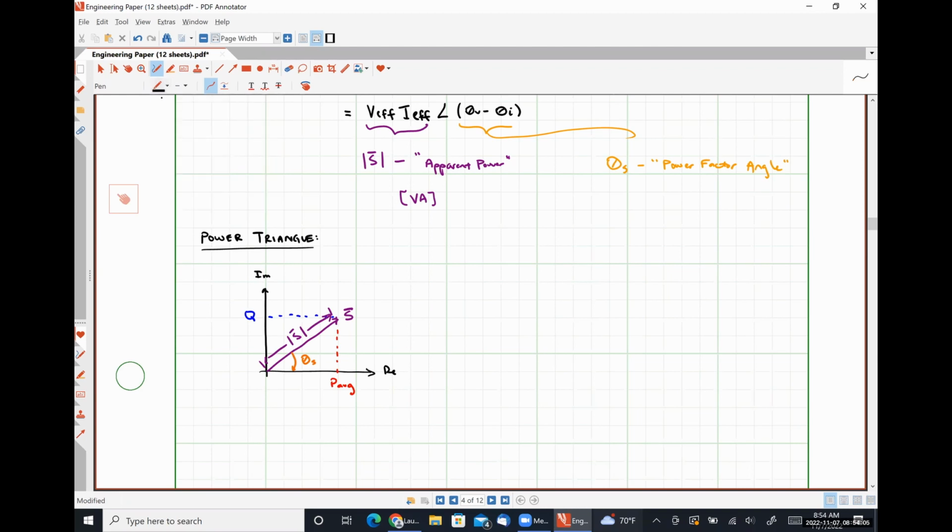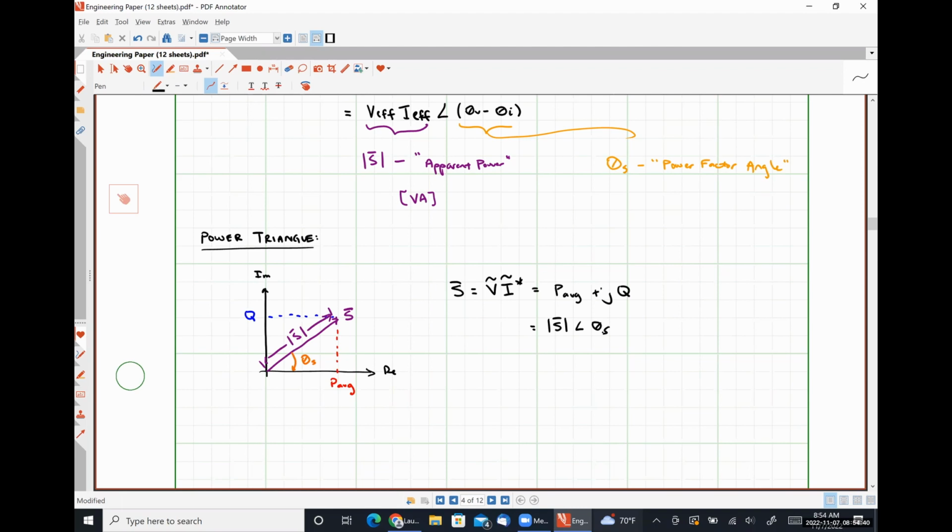So effectively, we can say that S, our complex power, which is nothing more than the product of our RMS phasor voltage and the complex conjugate of our RMS phasor current, can be written as P average plus jQ, or the apparent power at the power factor angle. This is why I tell you guys you don't really need to memorize all of these equations.